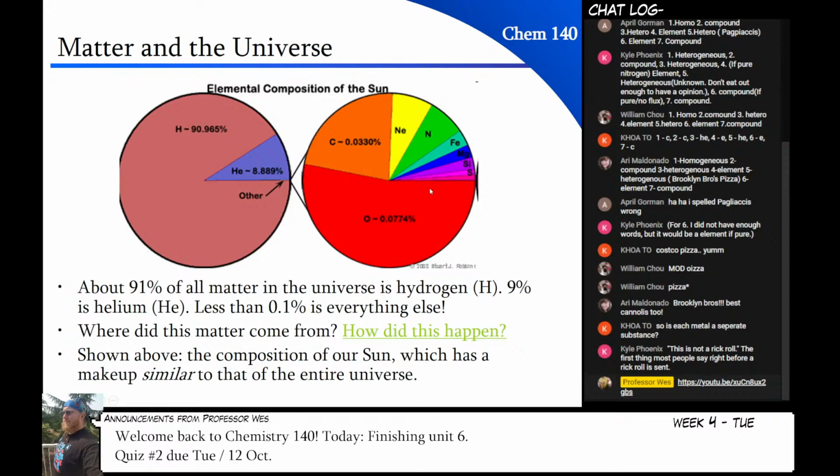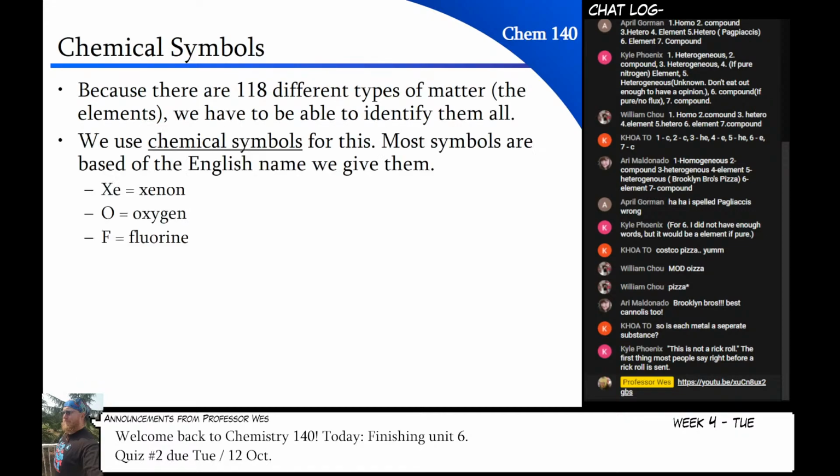Well, we started with fundamental pieces, which we'll talk about in Unit 7 later in today's lecture. And then we just sort of crammed them together in supernovas and stuff like that. The result is that we got 118 different types of matter that we categorized on the periodic table, which is where p-table comes in.